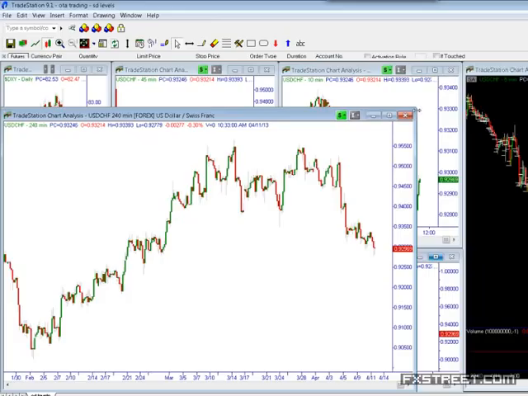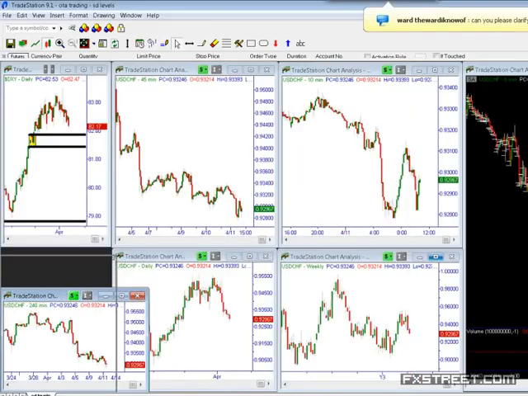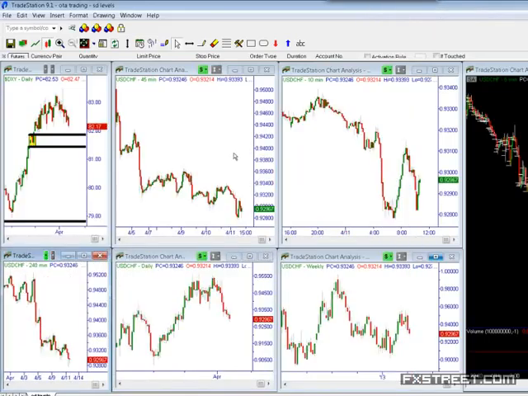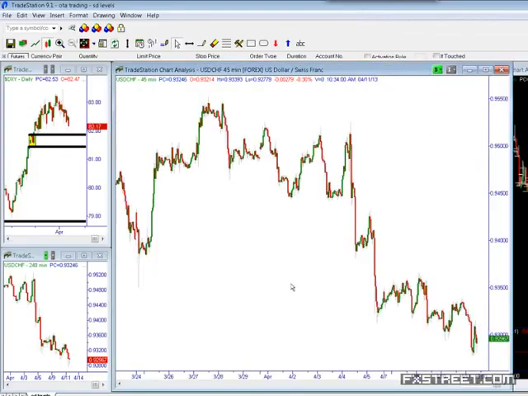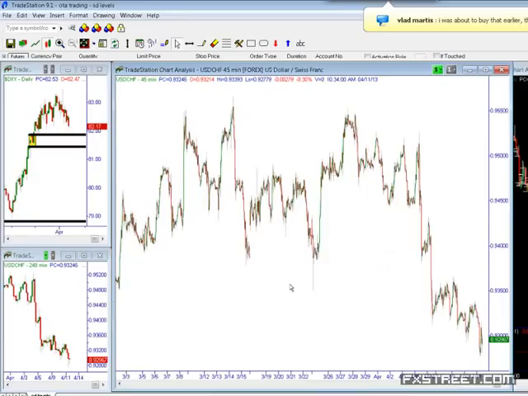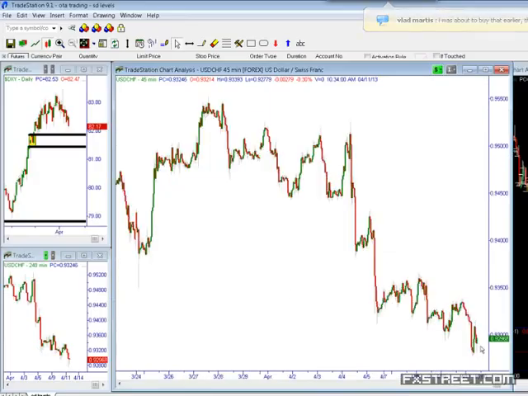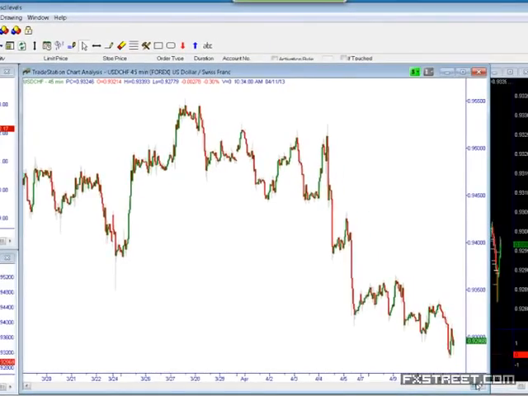Let's go down to a 60-minute chart. Or this one. Let's go right here. So above current price, we don't have a whole lot right here. Let's go below current price.